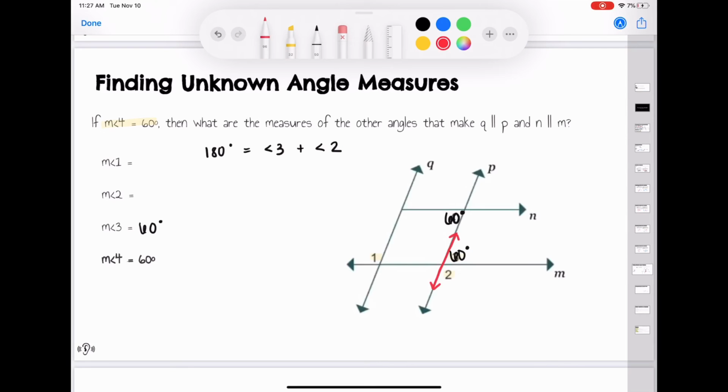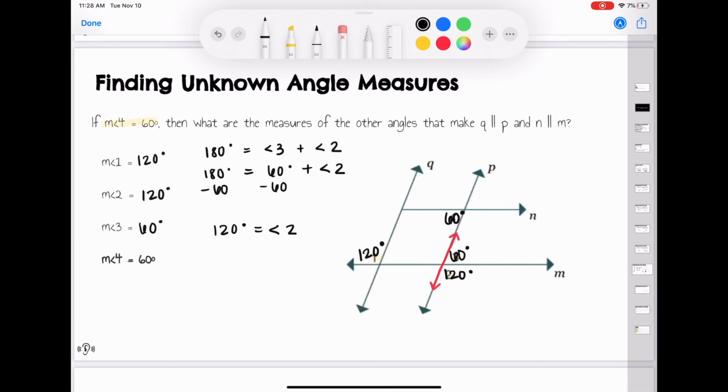So we can substitute in the variables that we know, and see that angle 2 is equal to 120 degrees. Well, we also know that angle 2 is congruent to angle 1. And so 1 is also equal to 120 degrees. That is how we can use these different relationships to find unknown angle measures.